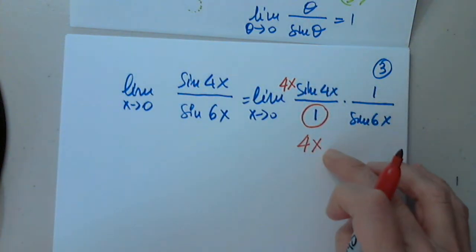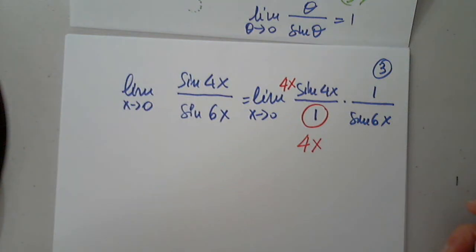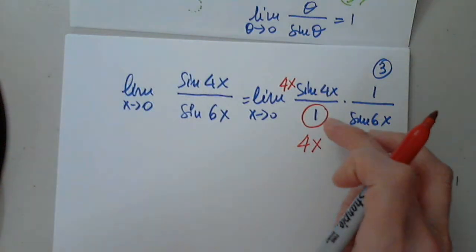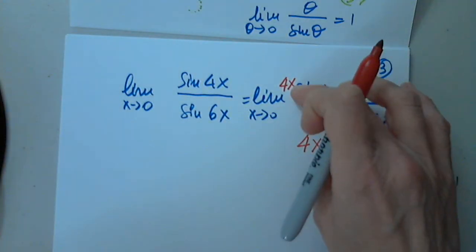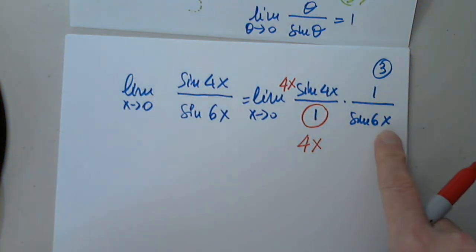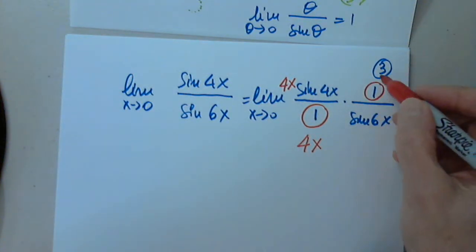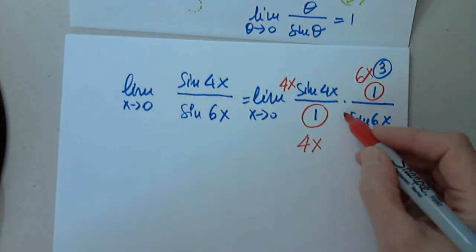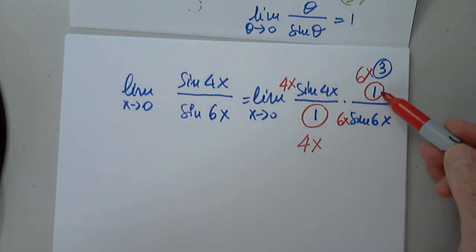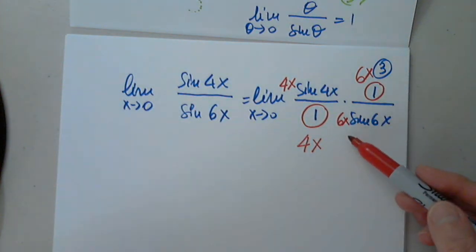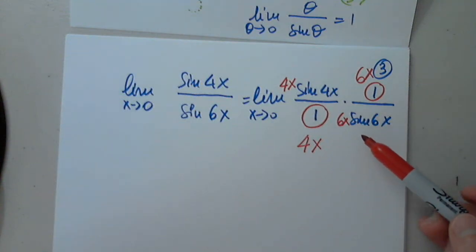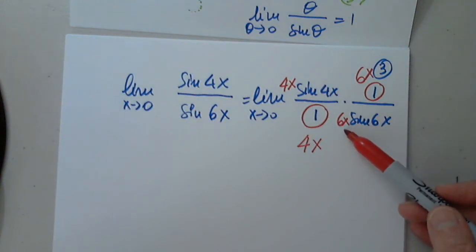I cannot just decide, oh, let me change 1 into 4x. No, no, no. If I multiply 1 by 4x, I have to do the same thing. And of course, what I need here is to have this 6x, but if I multiply the top of this fraction by 6x, in order not to change the value of the function, I have to do the same thing in the denominator.